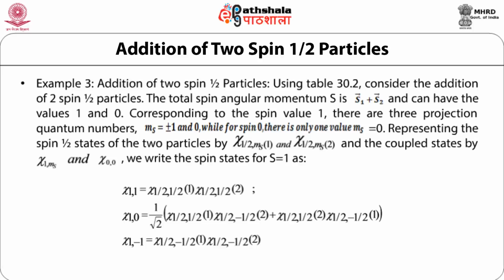And for the third case, that is for the total spin angular momentum value being 1 and ms being minus 1, the coupled state is given by xi subscript 1 comma minus 1 is equal to xi subscript half comma minus half 1 corresponding to particle 1 times xi subscript half comma minus half 2 corresponding to the particle 2.